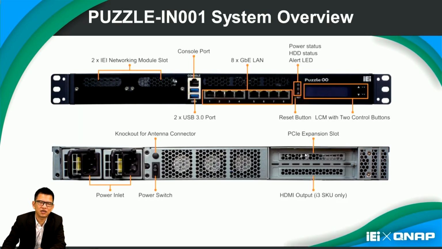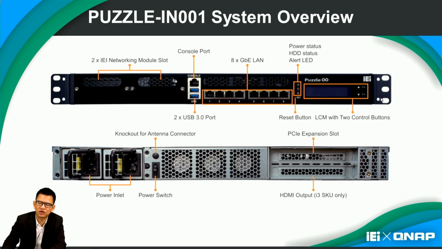This is the outlook of PulZe IN001. As you can see, there are 2 network module slots here, slot A and slot B. We can support 8-port 1G Ethernet. There are indicators for power status and hard disk storage status alert. This alert can be configurable.